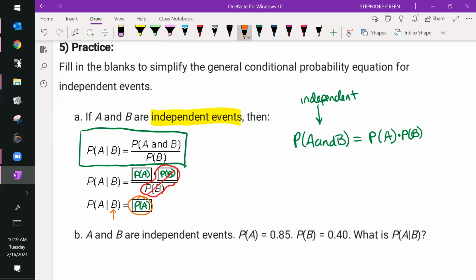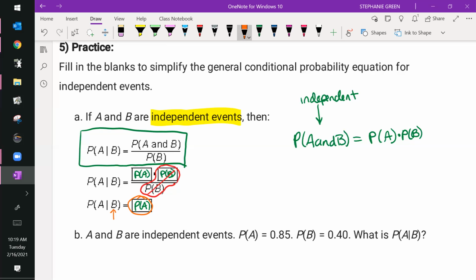Okay, let's go back to some examples that we had of things that were independent. We talked about rolling a die a whole bunch. Let's think of something that is not so trivial though. The probability of living in Alaska, given that you are 16 years old. Those two events have no effect on each other.